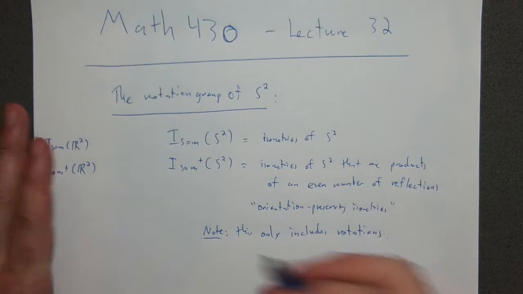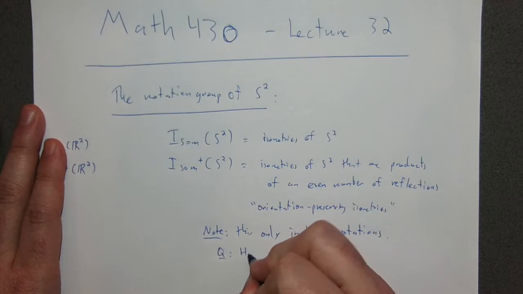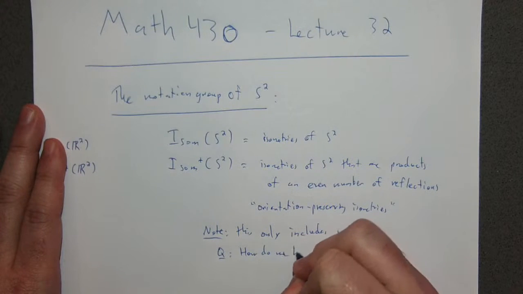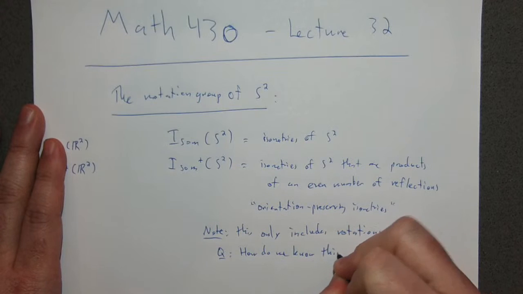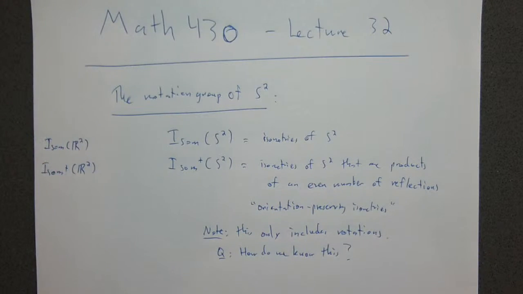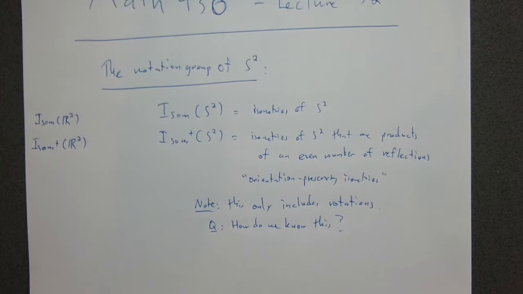Well, question, how do we know this? We have to think carefully for a second. We already know that a product of any two reflections is a rotation, and so we know that it includes some rotations. But to say that it only includes rotations, this is the key. This is the trick. We know it includes rotations just because the product of two reflections is a rotation.